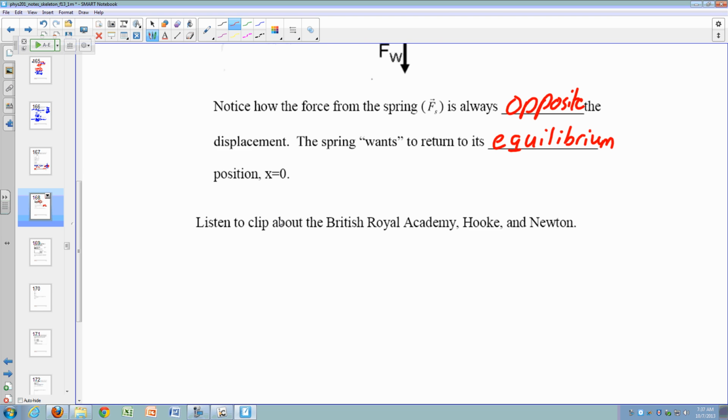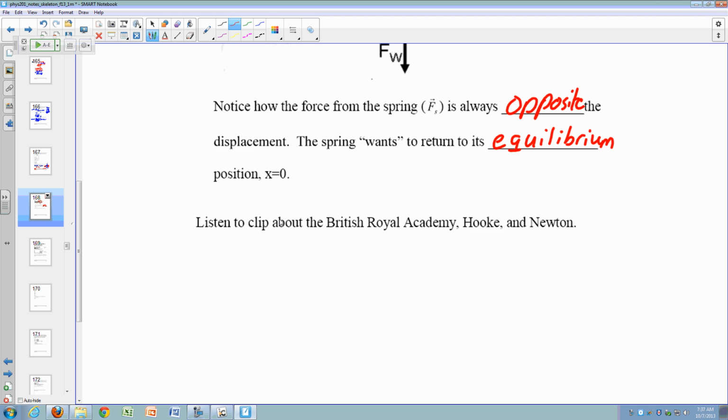Oh shoot, I don't have this clip, I'm sorry. It was just a clip about Robert Hooke, who came up with Hooke's law. I think we sometimes forget that the 18th century, the 1700s, was really the birth of modern science. And it really started with Isaac Newton and a lot of the other scientists that lived in that time. So they were all big names, right? Like Isaac Newton, Robert Hooke, who you might not have heard of before now, but you've heard of Robert Boyle, right?